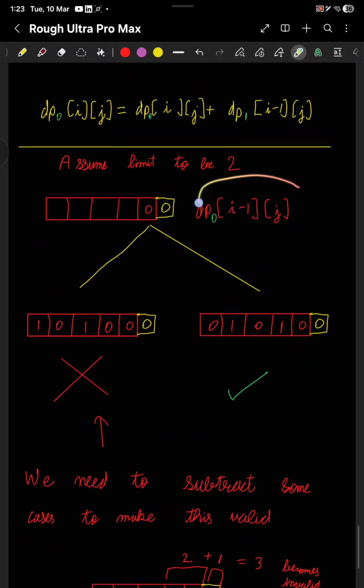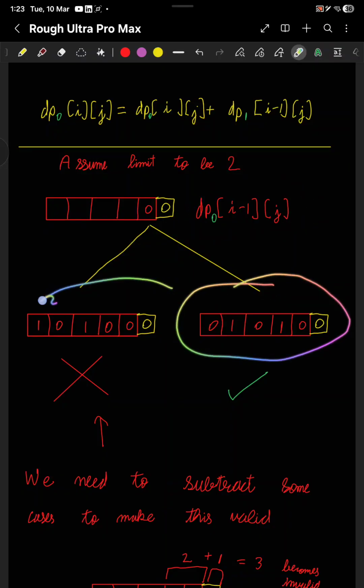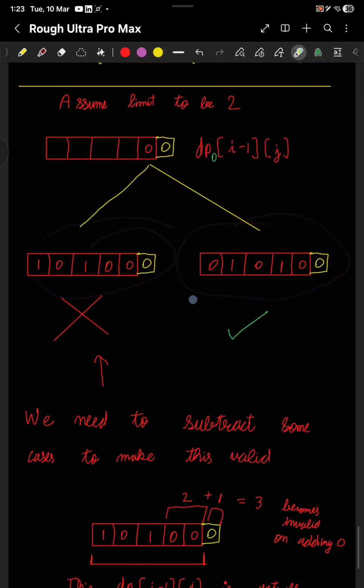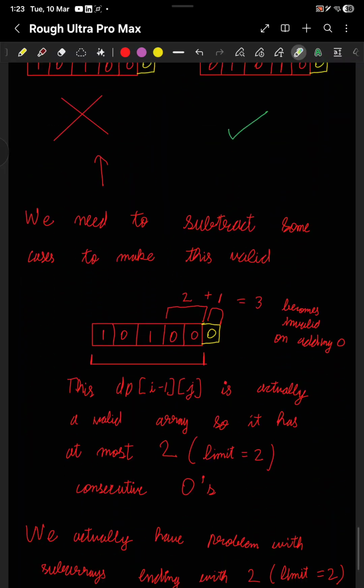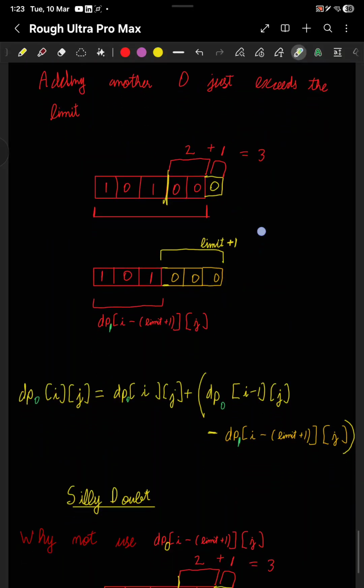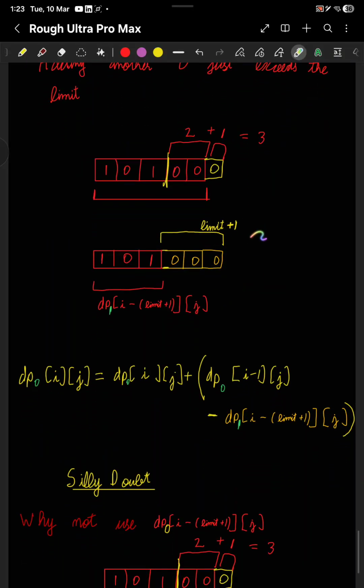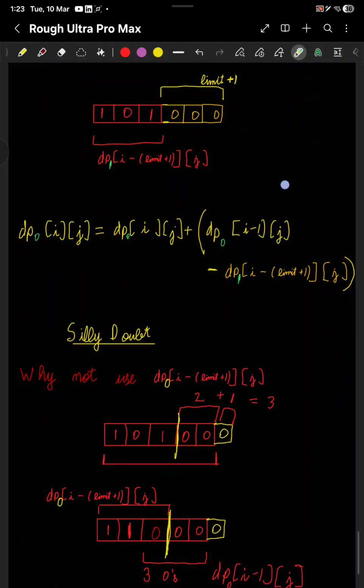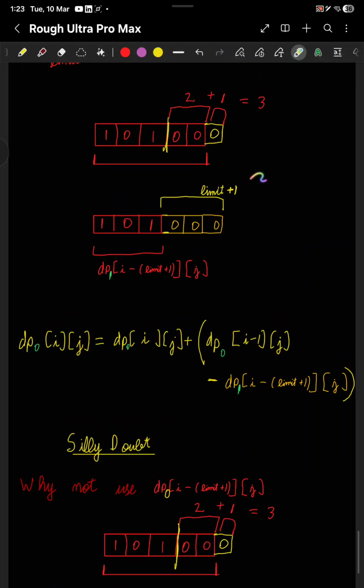So we added this, right? We added this to our answer, but some were valid and some were invalid. So we actually fixed this part, and then all the permutation combination of this that were valid, so we subtracted that from our answer. So we actually get our answer.